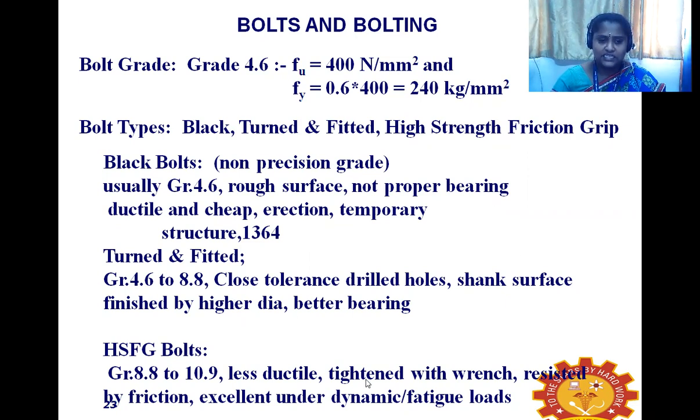Lastly, the type is HSFG bolts, high strength friction grip bolts. Here the grade starts from 8.8 and ranges up to 10.9. Less ductile, tightened with a wrench, resisted by friction, and it has excellent capacity under dynamic and fatigue loads.